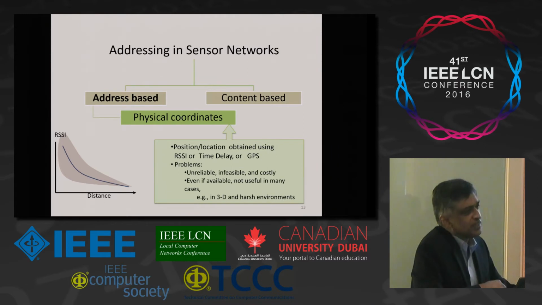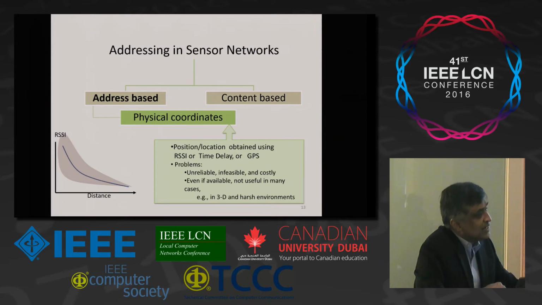Receive signal strength indicator, a lot of work, if you look at hundreds of papers, where you use some kind of a model of distance, this is how the signal strength varies. We use this mean model and estimate the distance. And if you know the distance to 2 nodes or 3 nodes, you can localize yourself. But even under the best of circumstances, there is fading and your receive signal strength is way off.